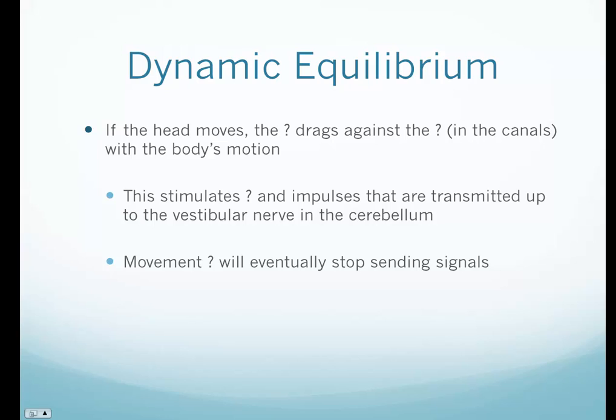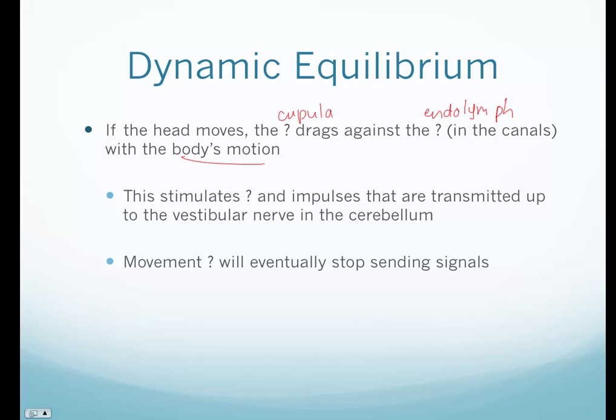Now, dynamic equilibrium occurs if the head moves the cupula, and then the cupula is going to drag against what's called the endolymph in the canals when the body moves.